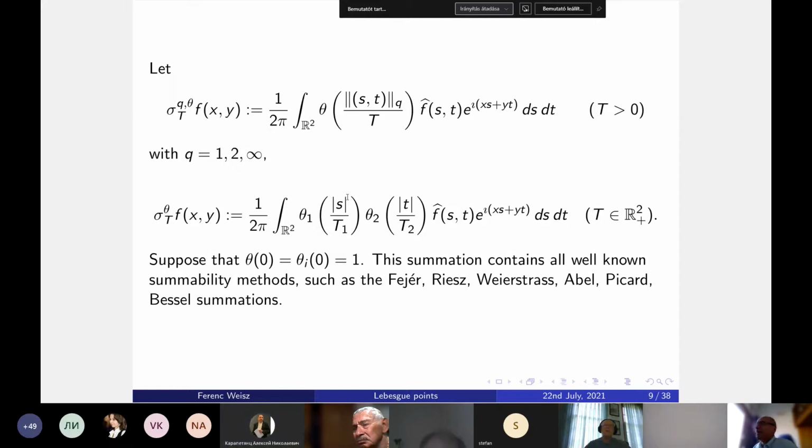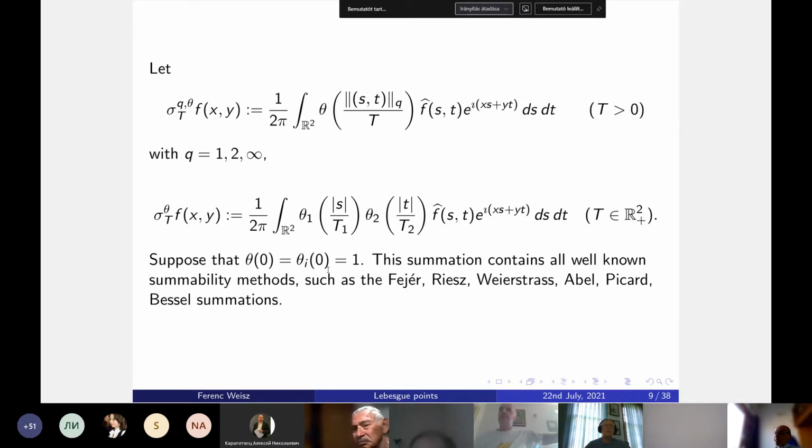Okay. So we multiply by these 2 theta functions. I will consider 2 subcases of this summability, so we have 5 summability methods. This second summability is called rectangular summability. For simplicity, I suppose that all theta functions are equal to 1 at the point 0.